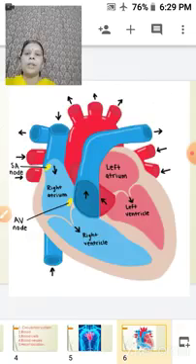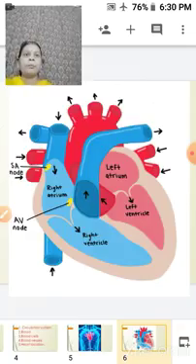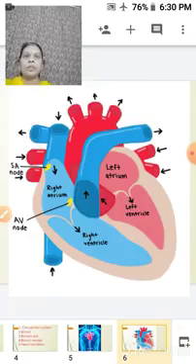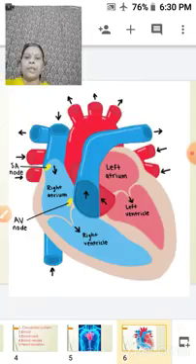The auricles and the ventricles are completely separated so that the blood flowing in them does not get mixed up. The left auricle is connected to the left ventricle, and the right auricle is connected to the right ventricle through small openings called valves.